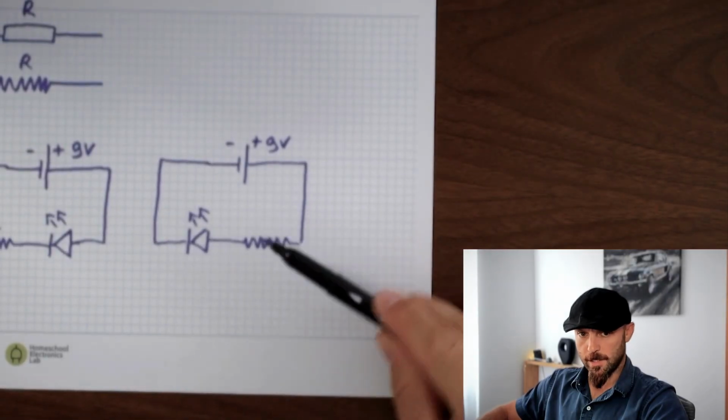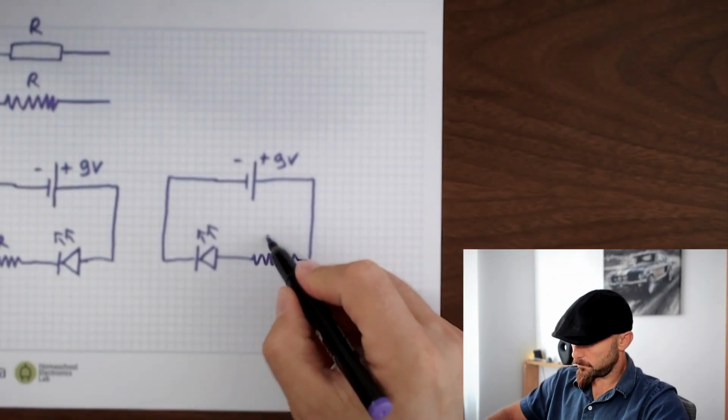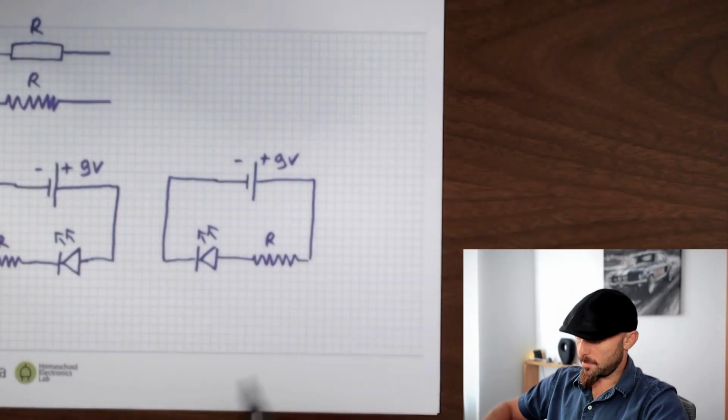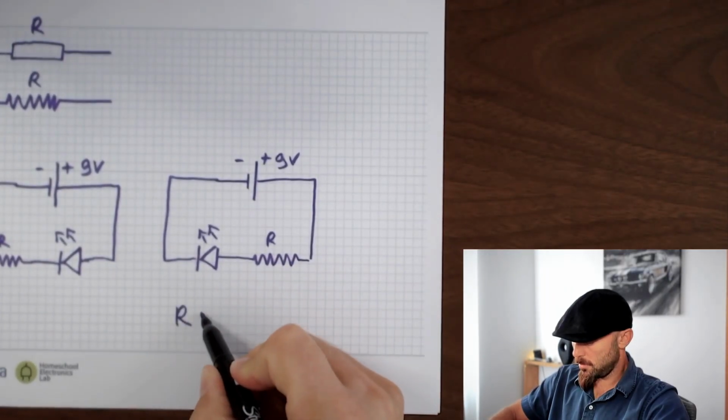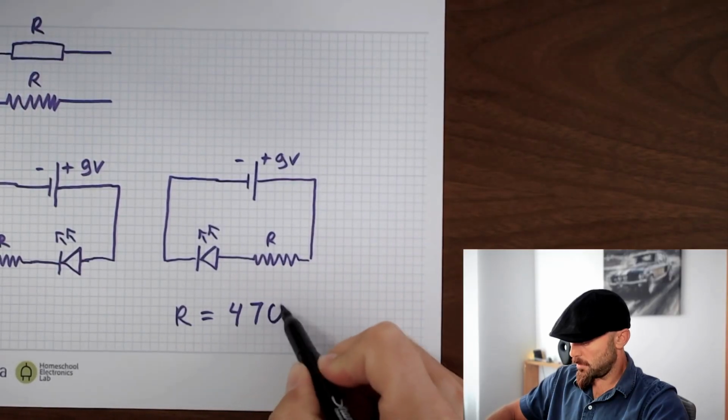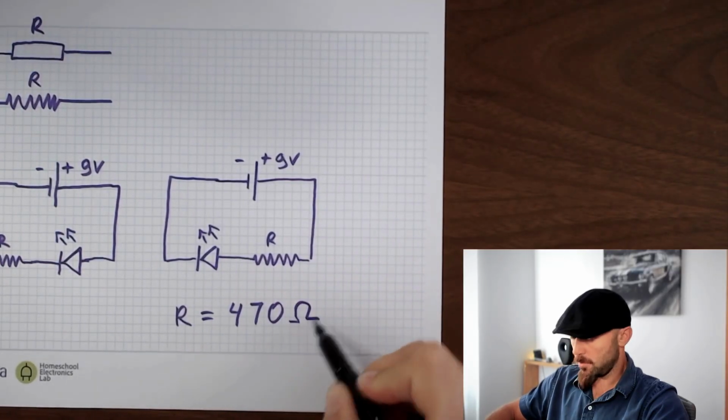This would mean exactly the same. And in this case, R equals 470 ohms.